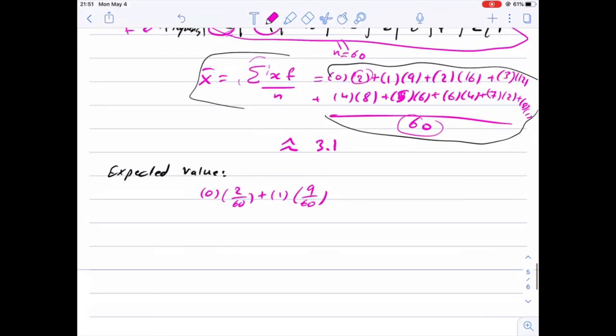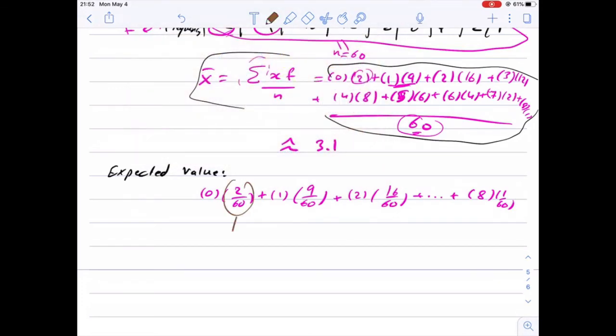I just rewrote this in another way, because 1 times 9 all divided by 60 is the same as 1 times 9 over 60, plus 2 times 16 over 60, and we continue until we get 8 times 1 over 60.